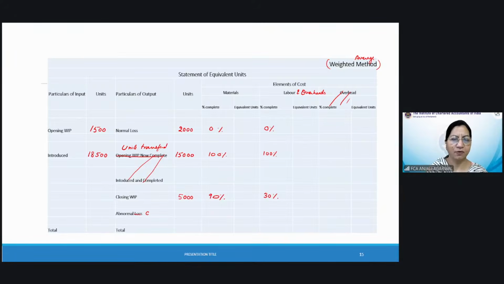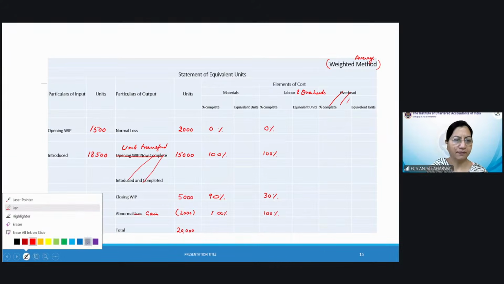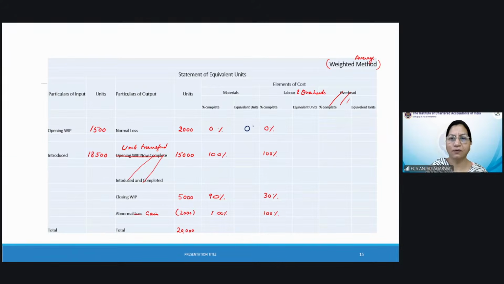So there is an abnormal gain, 2,000, and therefore the total of units is 20,000. Abnormal gain is always assumed to be 100% complete. So now if I calculate the units, this is 0. Units transferred 100%.